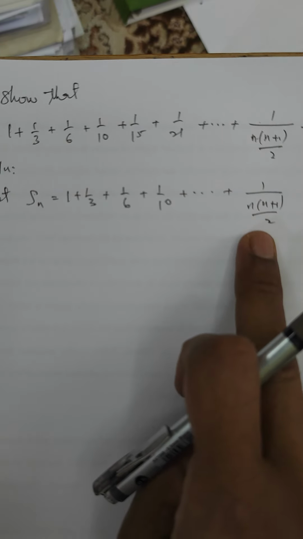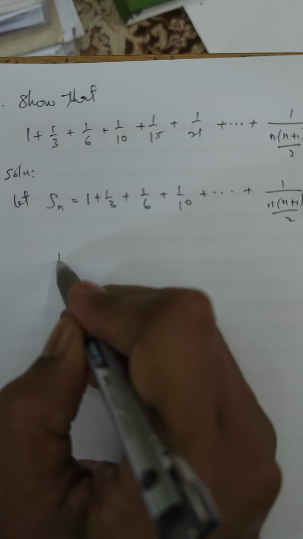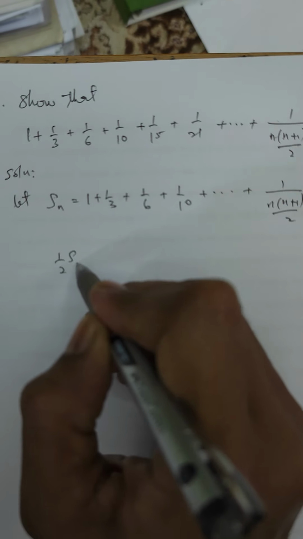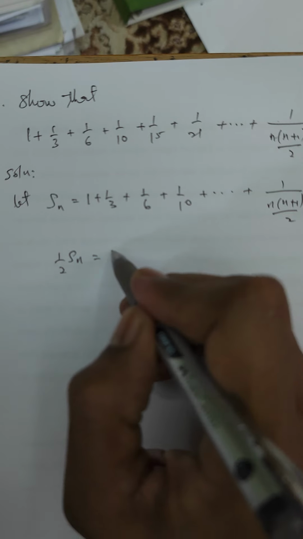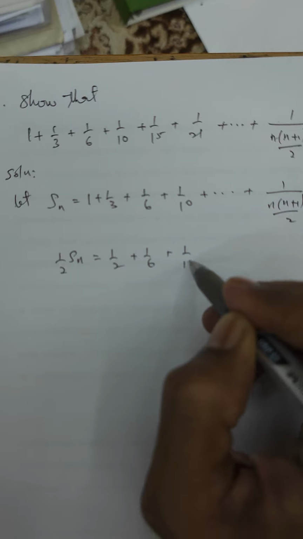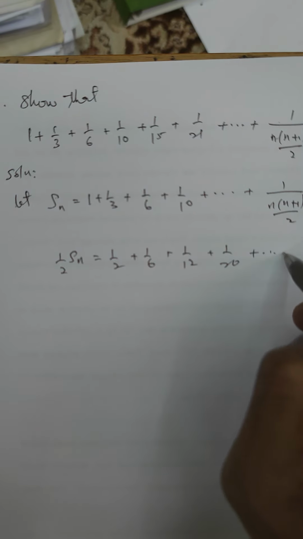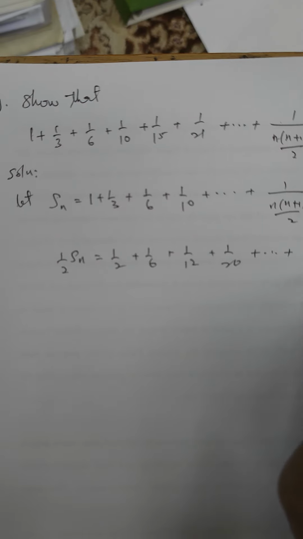Then you can just multiply by a half, so we have half Sn, that gives you a half plus 1 over 6 plus 1 over 12 plus 1 over 20 and so on, 1 over n(n+1).